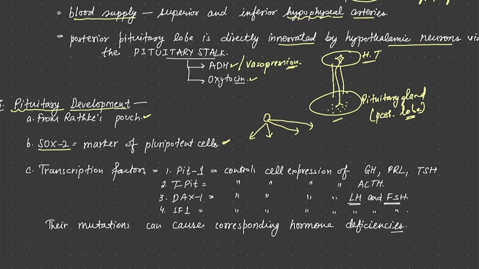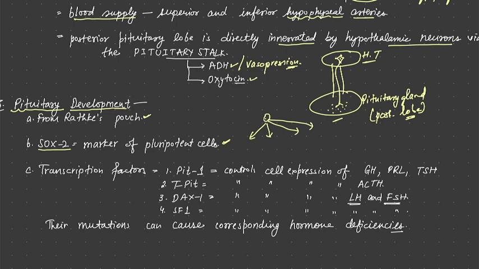For example, in this case, there are six hormones produced by the anterior pituitary gland, and these six hormones are produced by six different kinds of cells, but they all develop from one single kind of pluripotent cell. The marker of that pluripotent cell is SOX2.